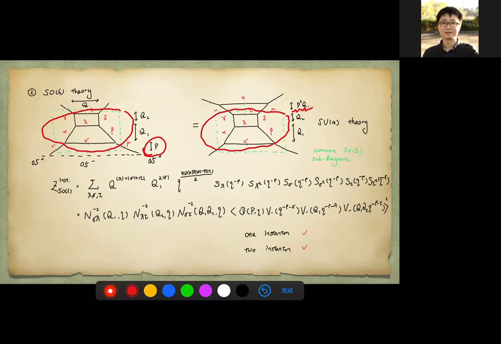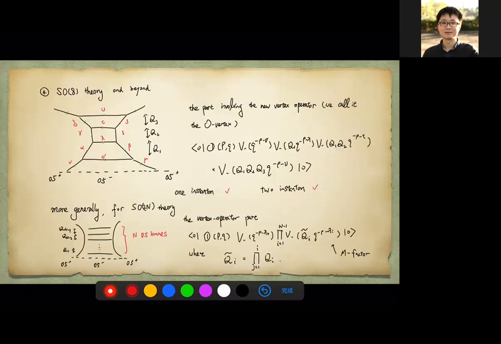Again, we checked the one instanton and two instanton results that matched with the localization result. We also did the calculation for SO8, again checking one instanton and two instantons. One comment is that because our proposal works in a way that the perturbative part automatically matches with the known result in the literature, we only need to check the instanton parts.